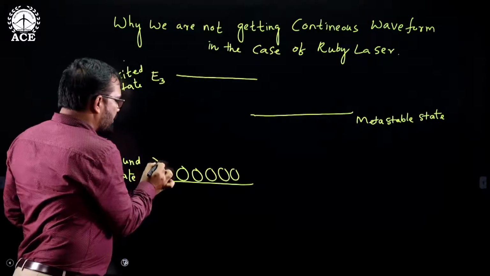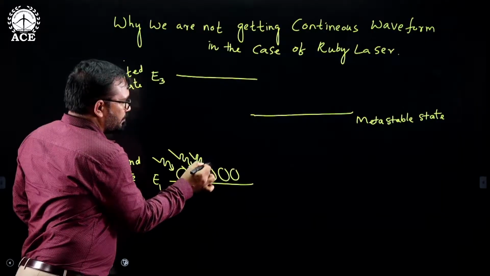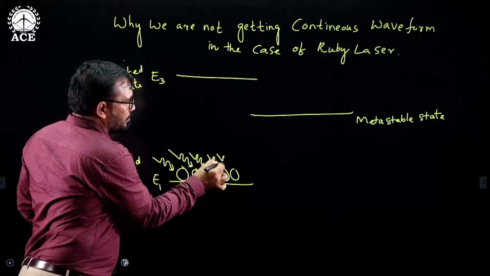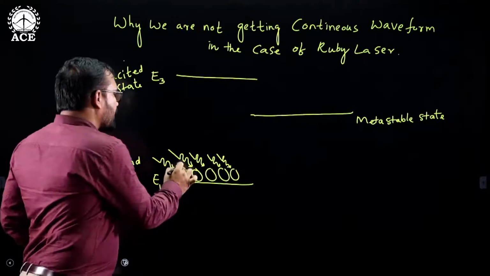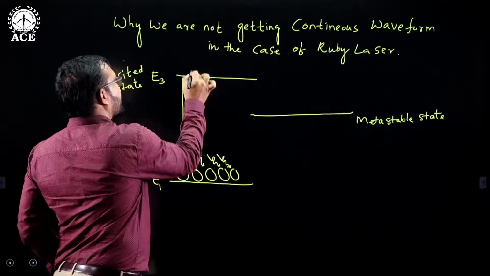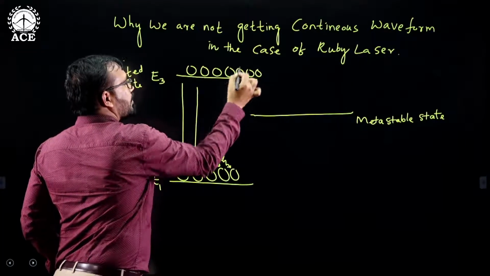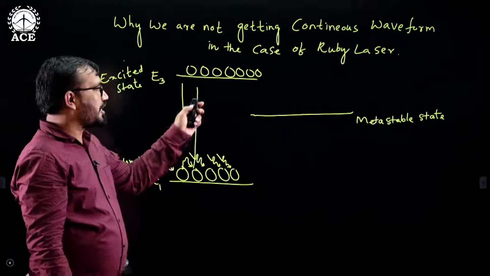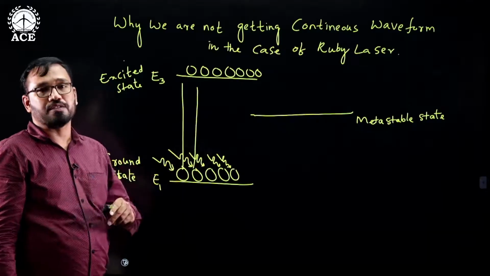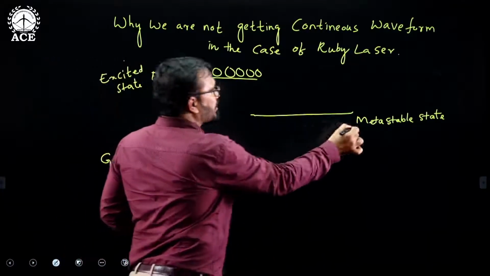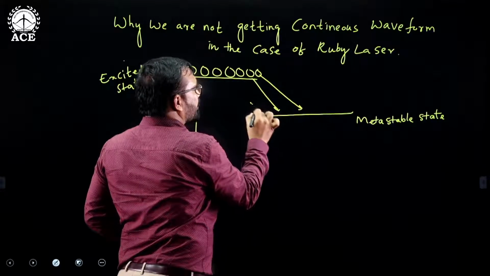That means light; we are giving some photon energy to these atoms. What happens? These atoms are excited to the higher energy level, the excited states. They won't stay in the higher energy level; they will come down. But we need a population inversion. So for that what do we use? A metastable state. So we allow these atoms into the metastable state.